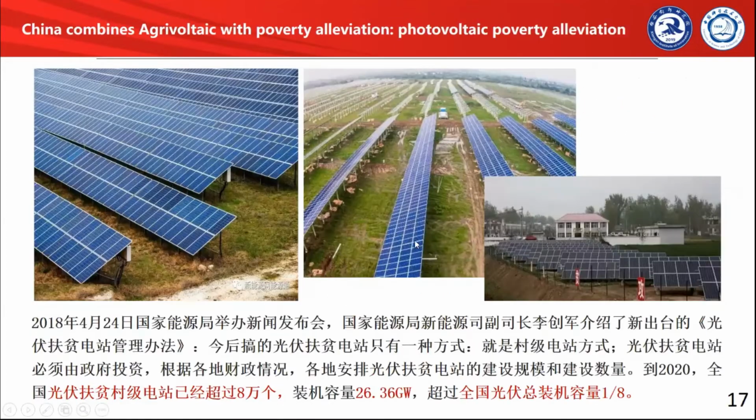According to the government report, we have already set up 80,000 APV stations in China, and total PV installation is over 30 gigawatts. So it's really a lot.